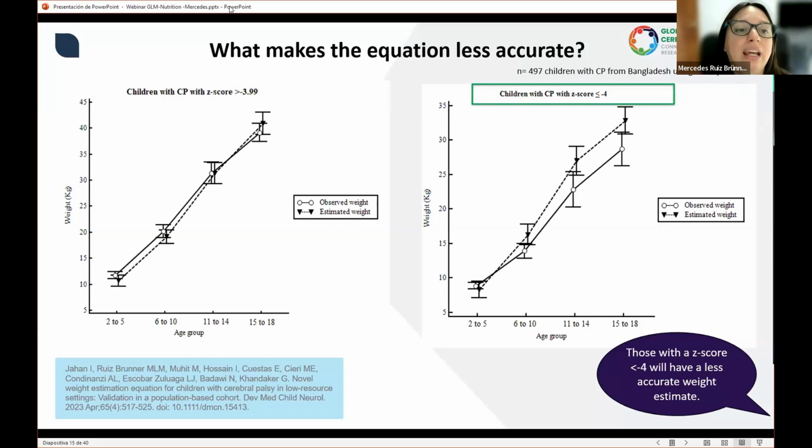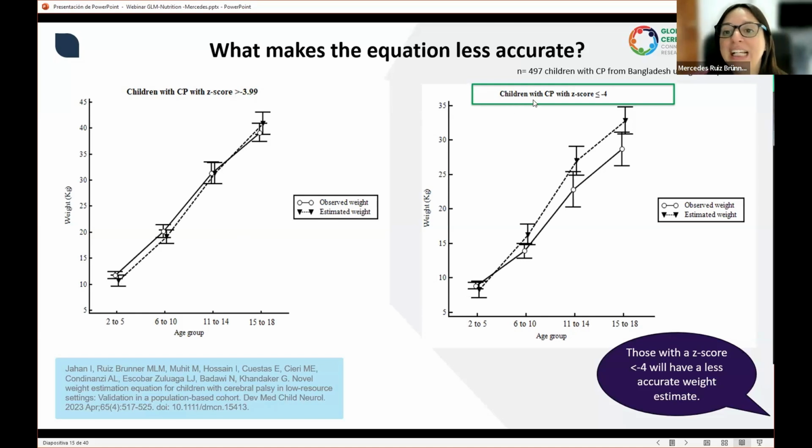And when we evaluated what makes it more accurate or less accurate, we saw that it depends on the malnutrition. When we see it here in the first figure, we can see that when we have children with a z-score higher than -3.99, which is still malnutrition, the observed weight and the estimated weight are very close to one another.